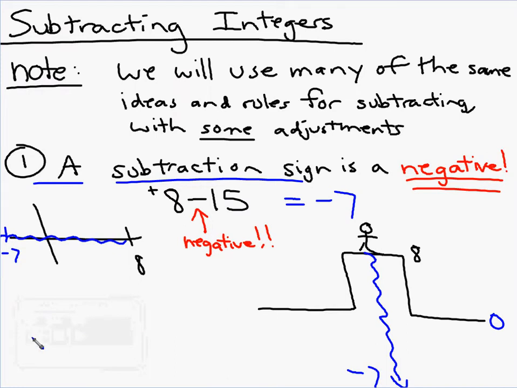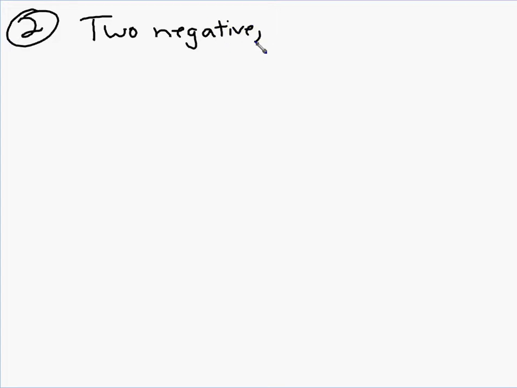The second point that we need to train ourselves with is that two negatives. Now notice I'm talking about two negatives side by side. Two negatives side by side make a positive.